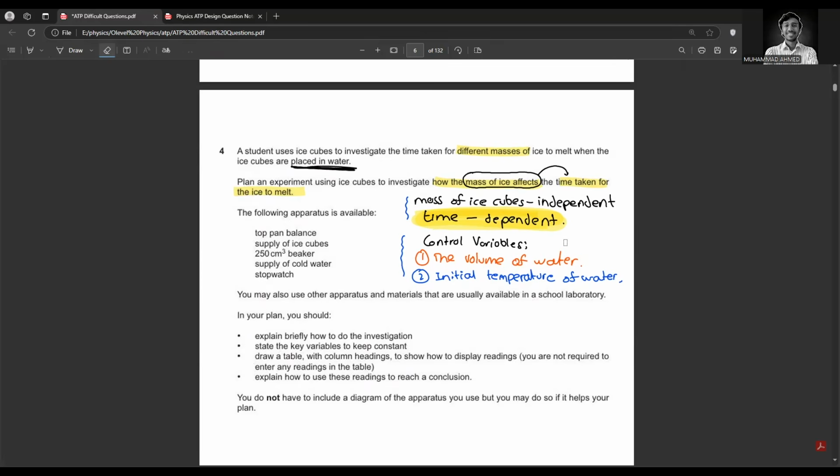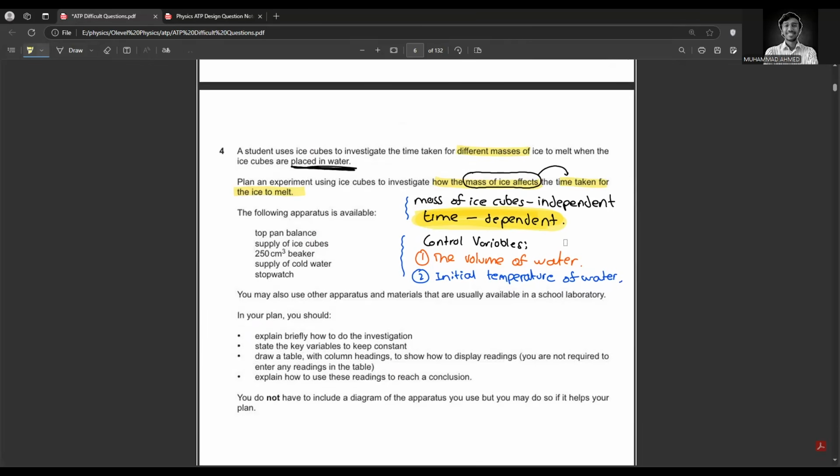Perfect. So you are given a top pan balance, supply of ice cubes, 250 cm³ beaker, supply of cold water, and a stopwatch. Simple. You may also use other apparatus and materials that are usually available in a school laboratory. Plan. In your plan, you should explain briefly how to do the investigation.